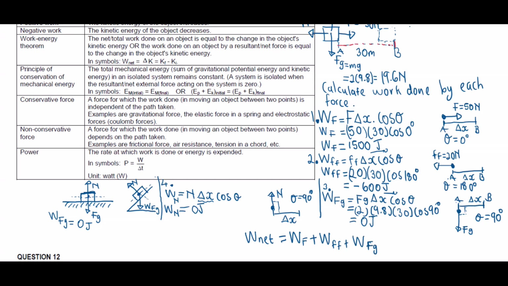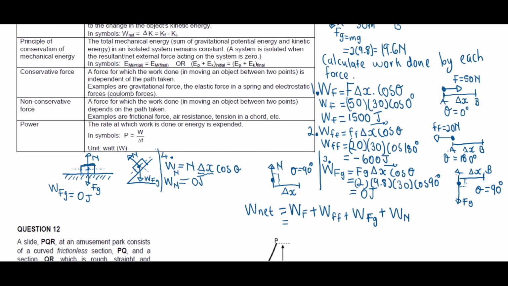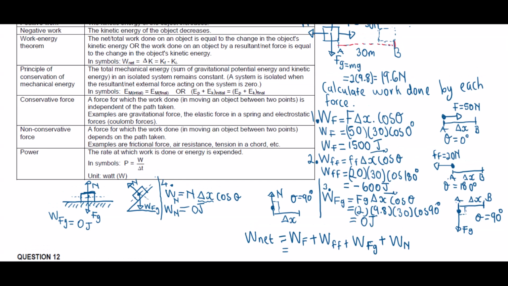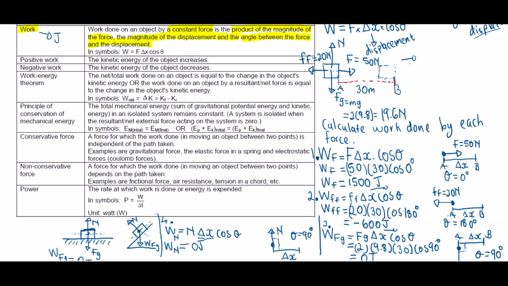We add everything and some of them are zero, so they will just contribute zero. So now we add all the works that are done by the forces. And now the first force that did work in the situation was the force F, which was the applied force. Remember, the situation was this one here, the scenario. Force F was 50 newtons.